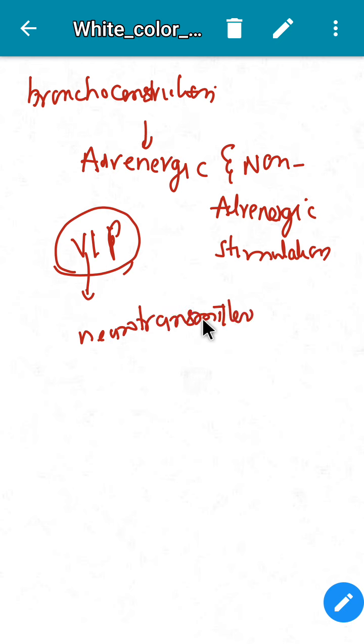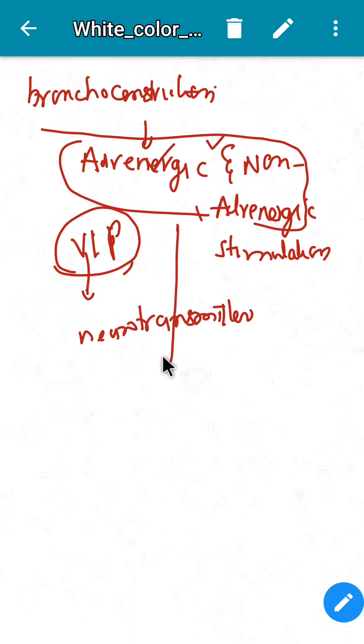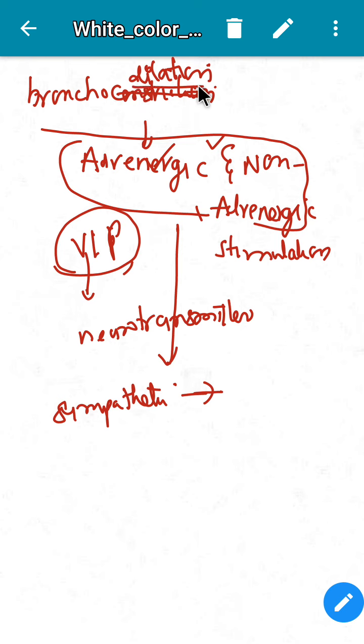One thing you have to remember is that the adrenergic and non-adrenergic systems belong to the sympathetic system. Sorry, the sympathetic system causes bronchodilation, mediated by the adrenergic and non-adrenergic systems, and the neurotransmitter here is VIP.